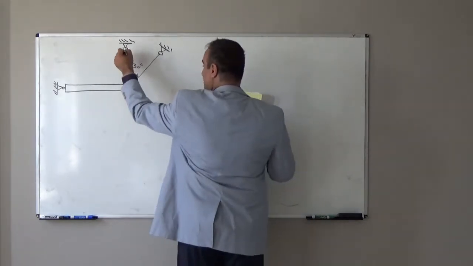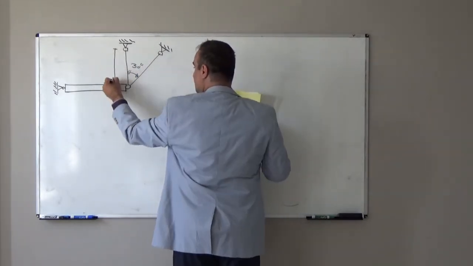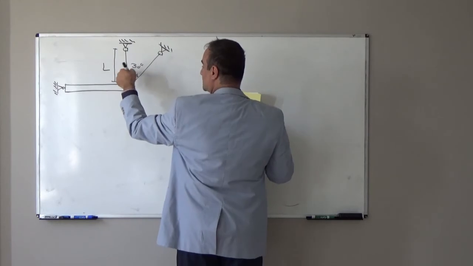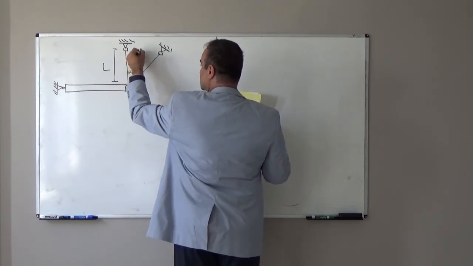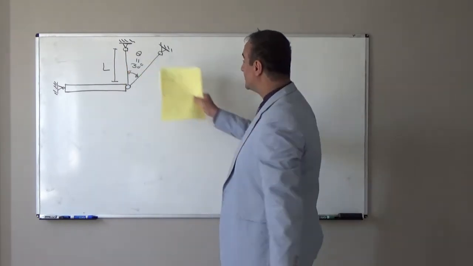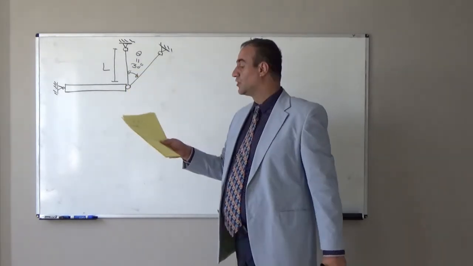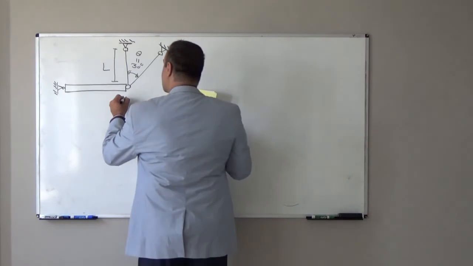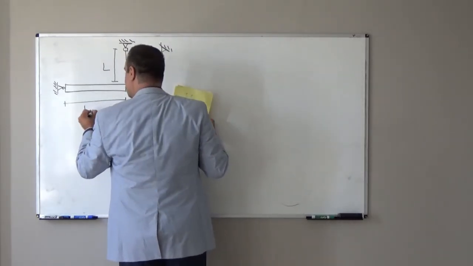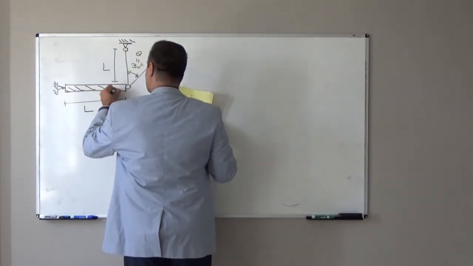And this length from here to here, this length is L. So this angle theta is 30 degrees. The length of this rod is L. L is a known value. The length of this rigid beam again is L.